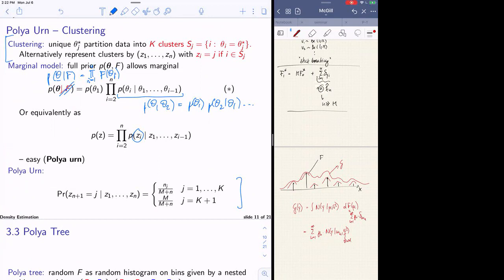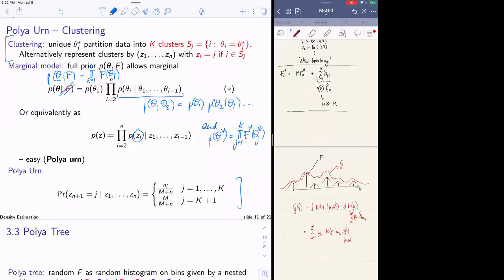And I should have said here that the unique values are simply IID from the base measure, I think we call it F star, of theta J star.